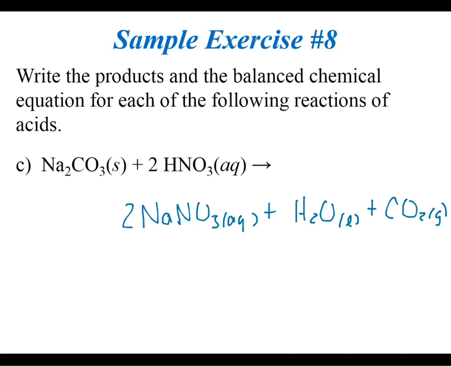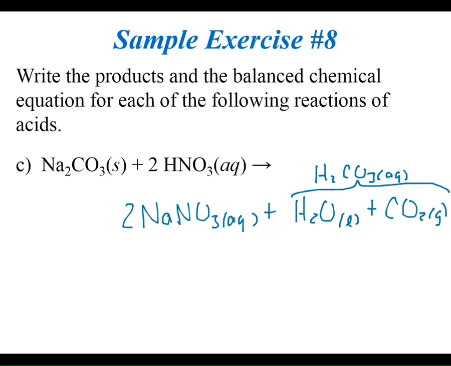Okay. Yeah, so you made 1 H2CO3, which you then broke down to make that, right? Perfect, good. Everybody get that? Or if not, do you know what's going on?